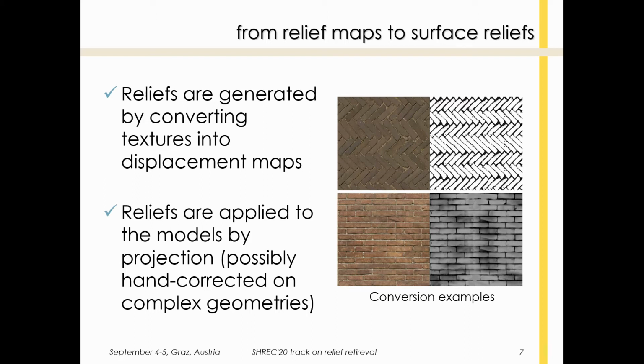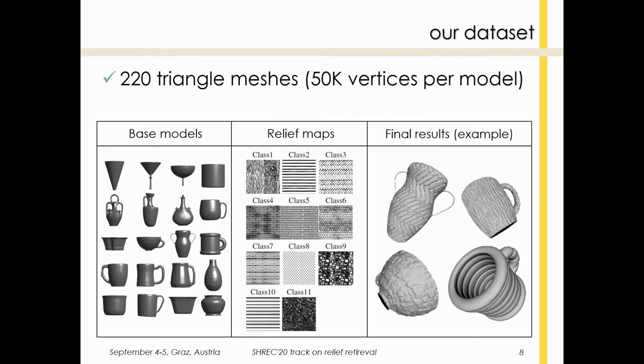Such height maps then are projected on the base models, possibly uncorrected on the more complex geometry, such as handles or other protrusions. This is done for all the relief classes applied on all the base models. You can see an example of the final results we obtained after this process in the right part of this slide.